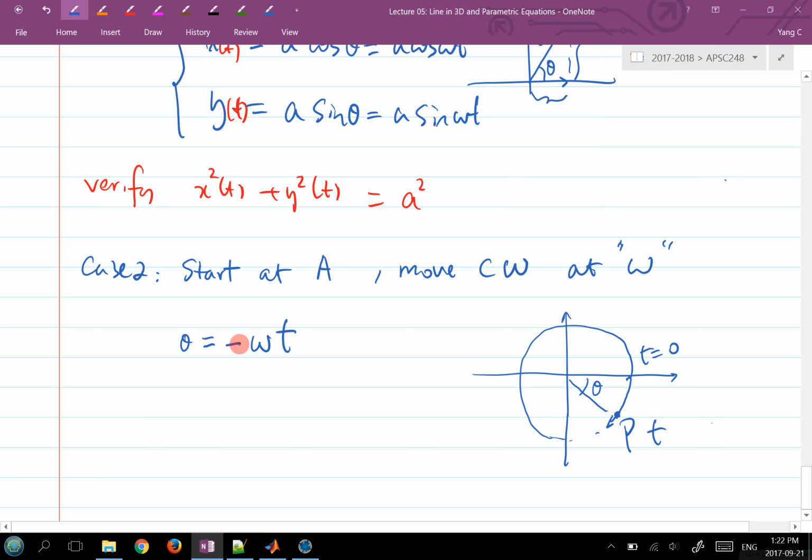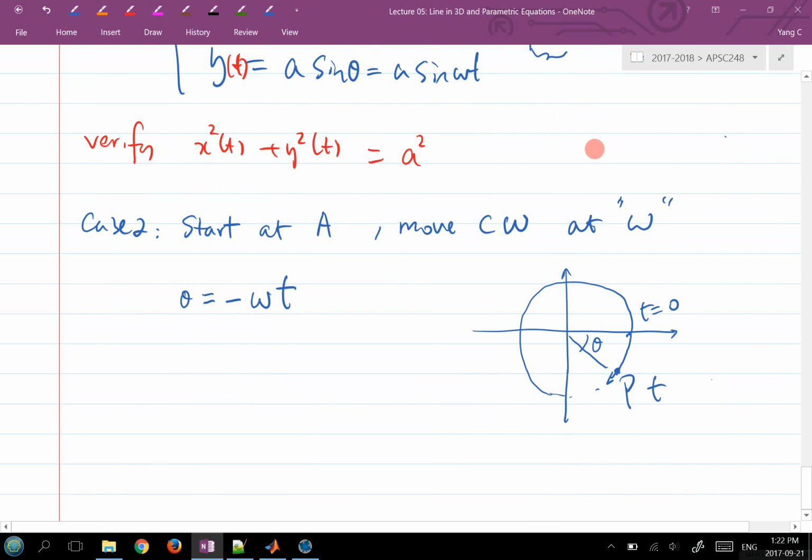So actually all you need to do is x of t equal to A times cosine negative omega t, and y of t equal to A times sine negative omega t.